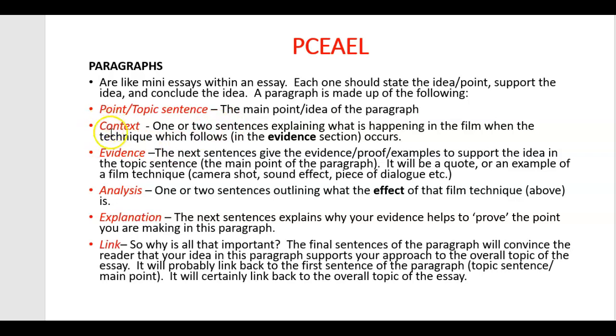Now, context. I have talked to you about this before, I am sure, but let's go over it. This is 1 or 2 sentences explaining what is happening in the film when the technique which follows, that's in your evidence section, occurs. So it's like providing a little bed for you to put your quote into.